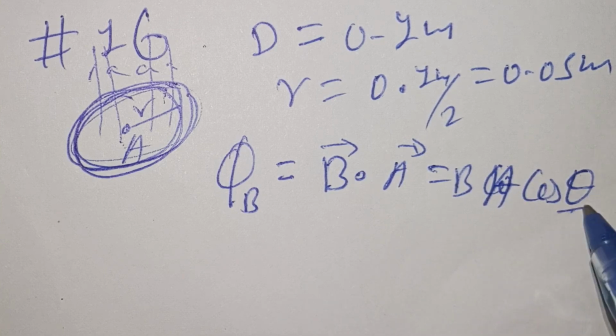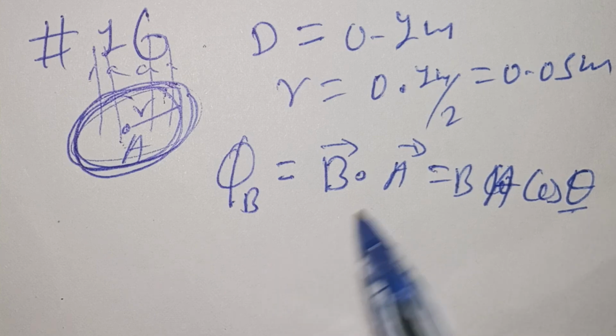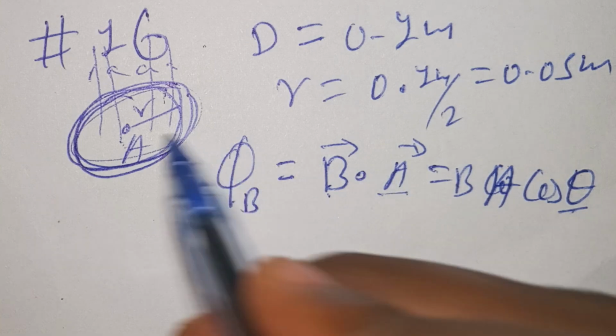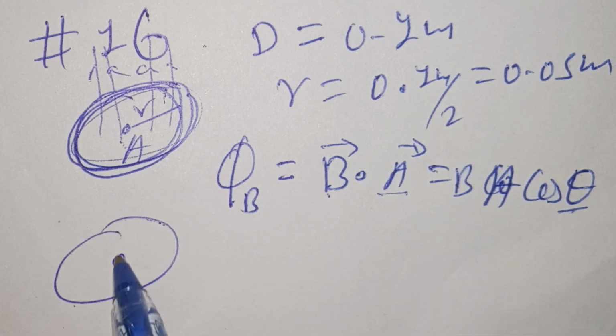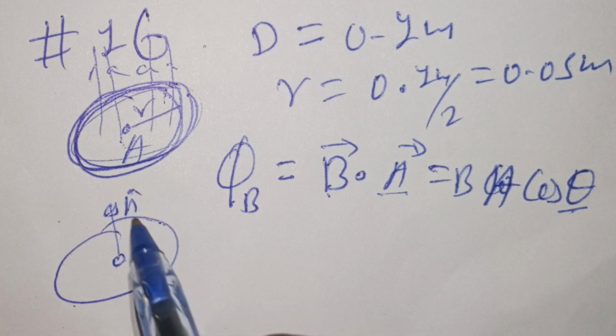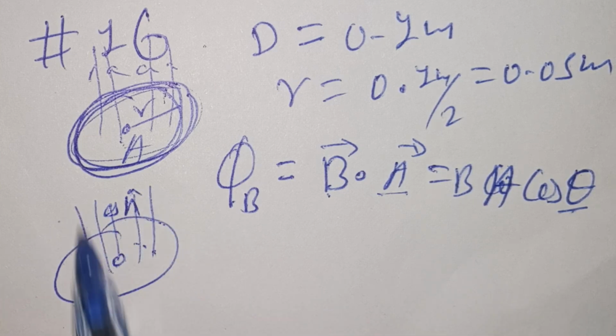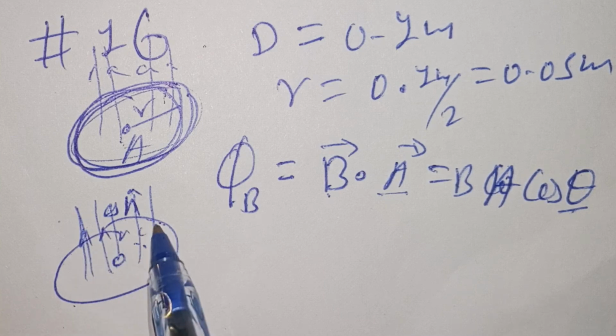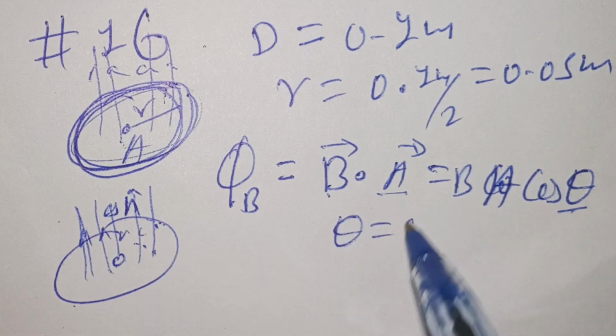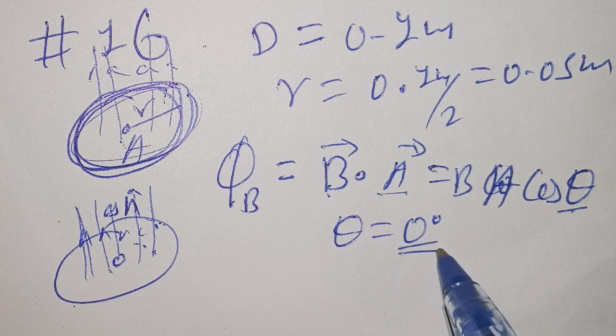In this case, angle theta is the angle between the magnetic field and the normal of the area. The normal of the area is perpendicular to the area itself, and the magnetic field is also perpendicular to the plane of the loop. That means in this case theta is exactly equal to 0.